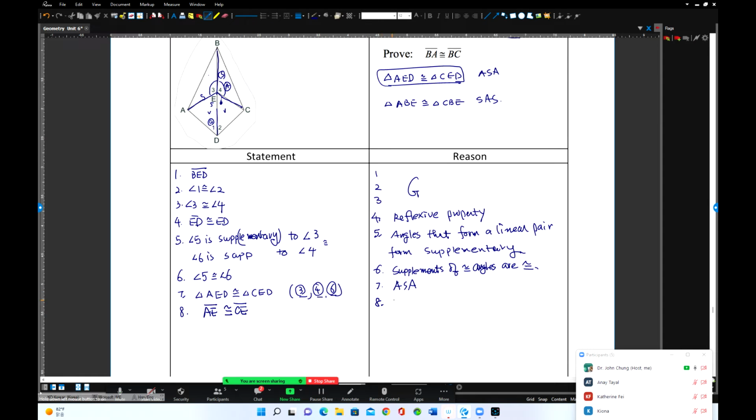This is actually CPCTC. 3 and 4 is given. Now we have to say BE equals BE, using reflexive. BE congruent to BE, reflexive.